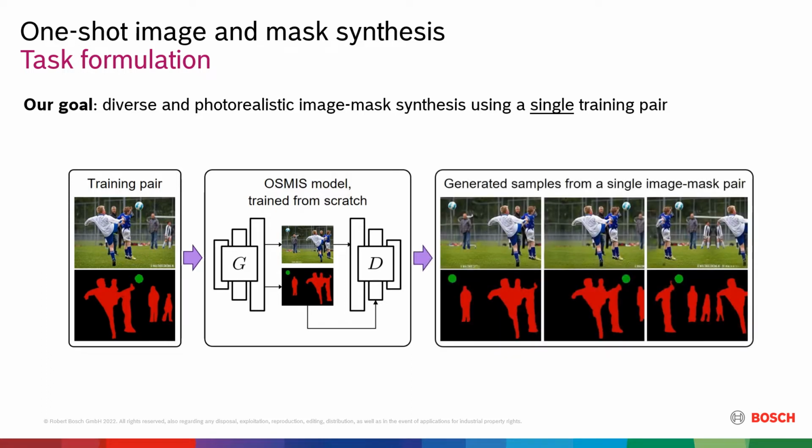After training, we aim to generate diverse new images and supplement them with accurate segmentation masks. To the best of our knowledge, such a GAN training scenario is considered by us for the first time. We call the task, as well as our model, OSMIS, abbreviated from one-shot joint mask and image synthesis.